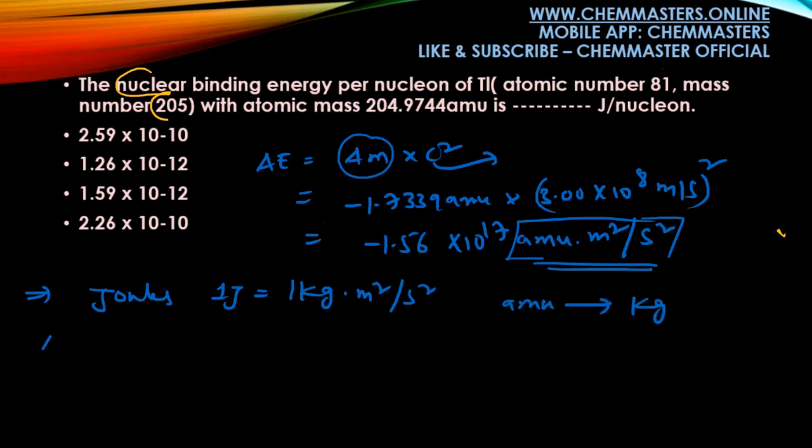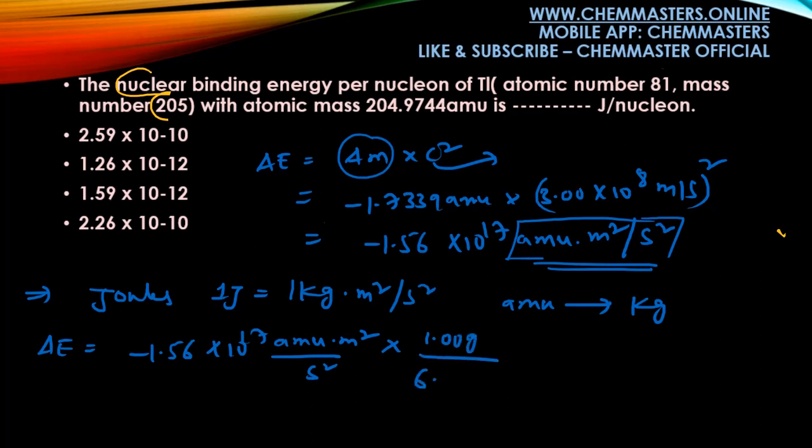So delta E equals minus 1.56 into 10 power 17 atomic mass units meter square per second square into 1 gram by 6.0223 into 10 power 23 atomic mass units, into 1 kg by 1000 grams.